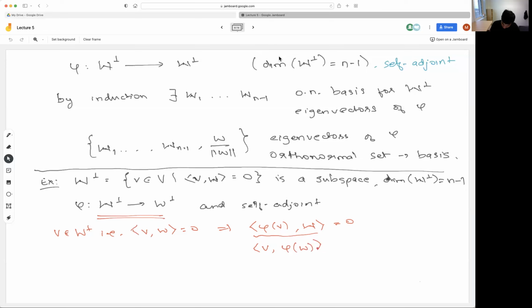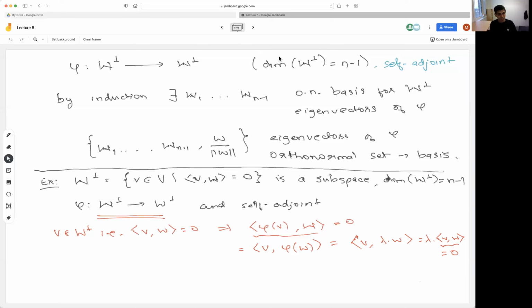We can move it to W. W is an eigenvector, so we get the inner product of v with lambda times W. And we have a linear transformation, so we get lambda times the inner product of v with W. And this we already said was equal to 0. So the image of phi also stays in the same space W perp, but it doesn't go outside.